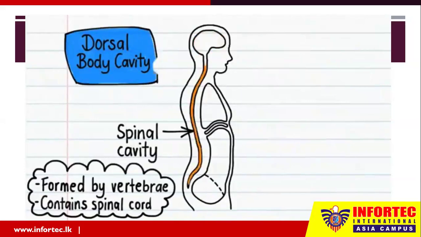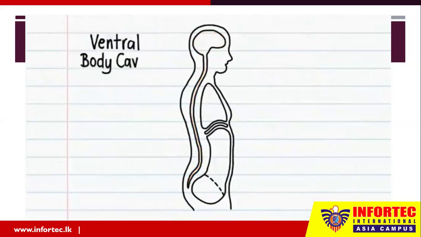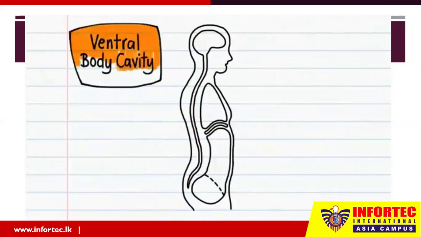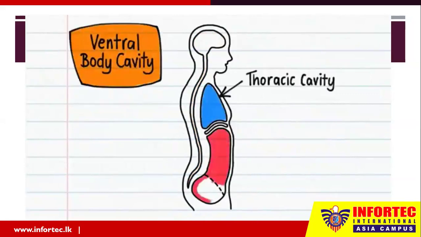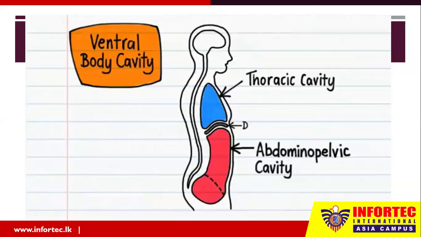Next is the ventral body cavity. It can be subdivided into two parts, the superior thoracic cavity and the inferior abdominopelvic cavity, which are separated by a flat muscular sheet called the diaphragm.